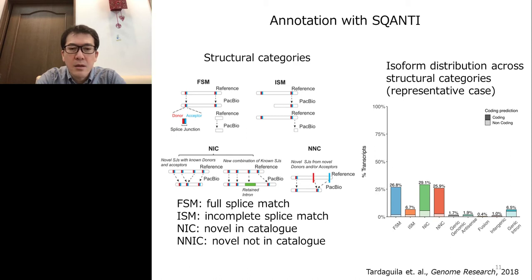And by using SQANTI, as shown in the right graph, many NIC and NNIC isoforms were detected. But however, we had no idea how to proceed with the analysis after this classification.